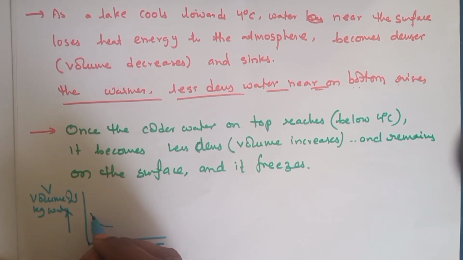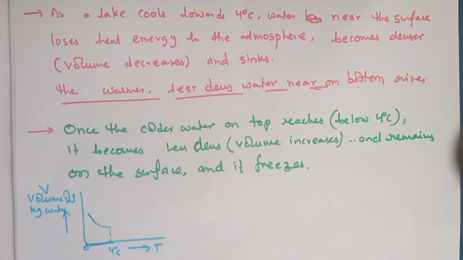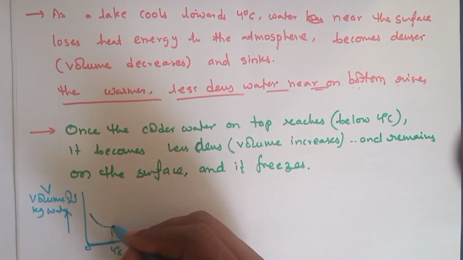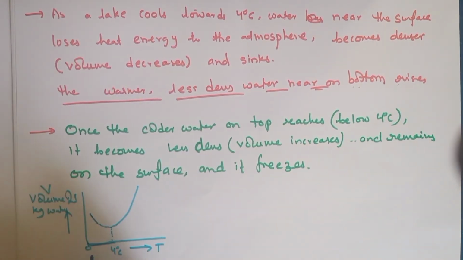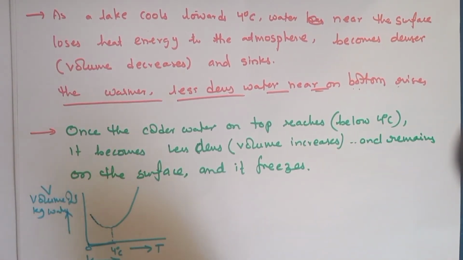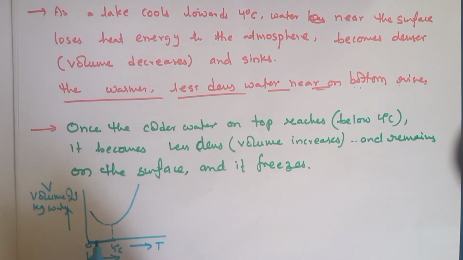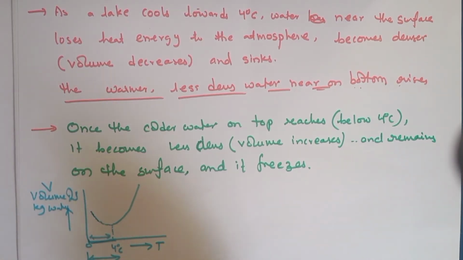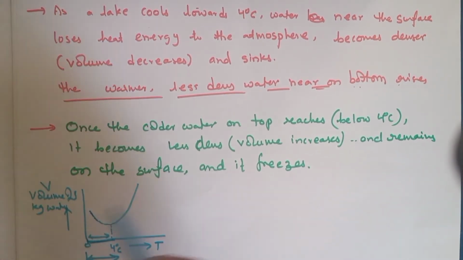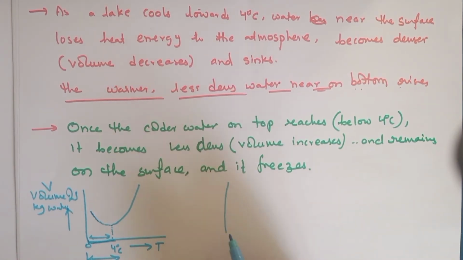Volume should be decreased, but what is happening here? Temperature is increased, volume is decreased. So this is 4 degrees centigrade, and beyond 4 degrees it is acting as normal again. So this is the typical range actually.